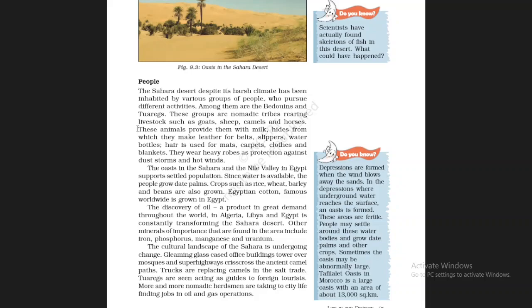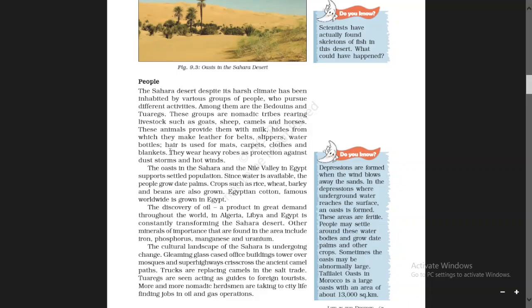They used to domesticate their livestock, such as goats, sheep, camels, and horses. These animals provide them with milk and hides, from which they make leather for belts, slippers, and water bottles. Hair is used for mats, carpets, cloths, and blankets.